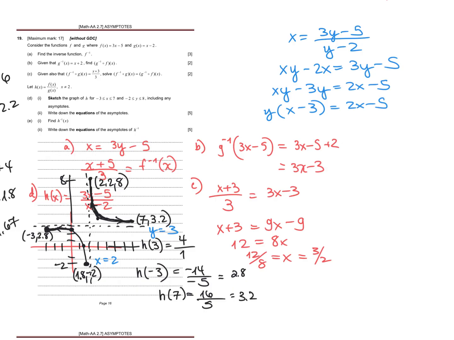And divide. So h inverse is 2x minus 5 over x minus 3. And the asymptotes of those: x equals 3 for the vertical and y equals 2 for the horizontal.